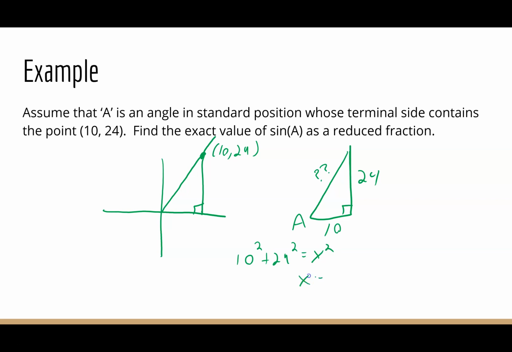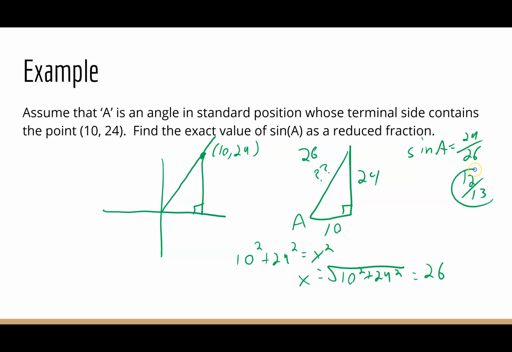That means x equals the square root of 10 squared plus 24 squared. If I plug this into the calculator and get a decimal, then I'm going to backtrack and not use that, because we want exact values. But I didn't. I got 26. So the sine of that triangle is 24 over 26, but we want a reduced fraction, so 12/13.